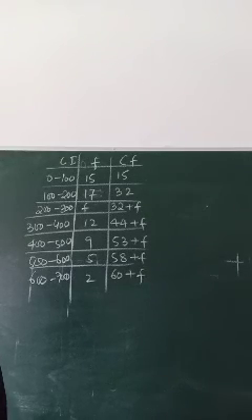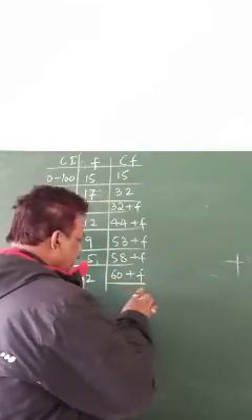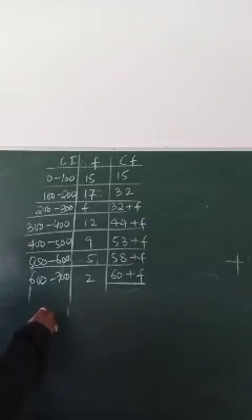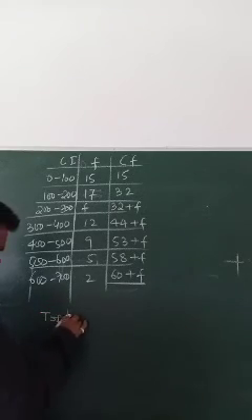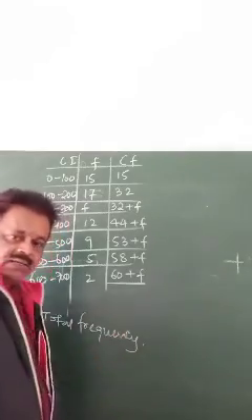Total frequency is 30 plus n by 2. Actually, one part is missing in this question. Either the total frequency will be given.